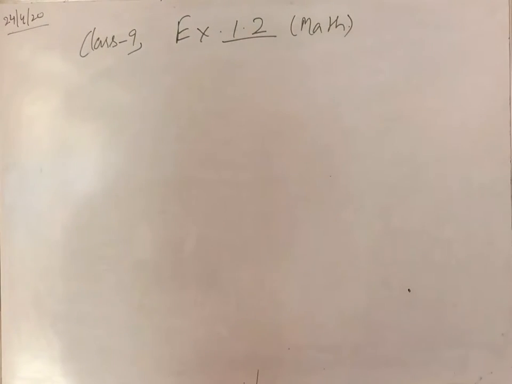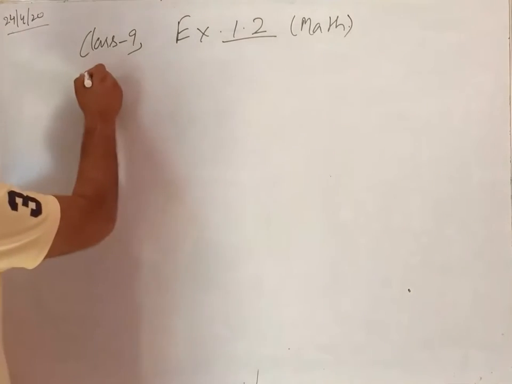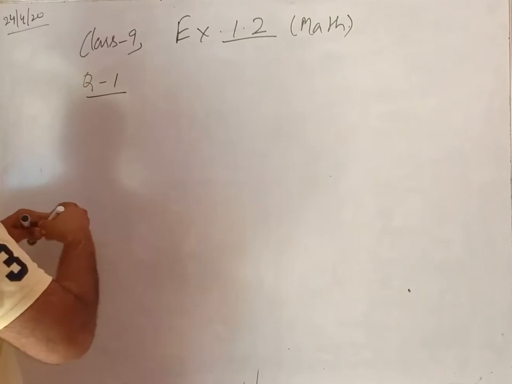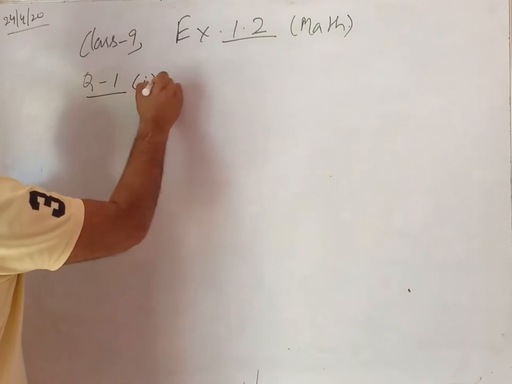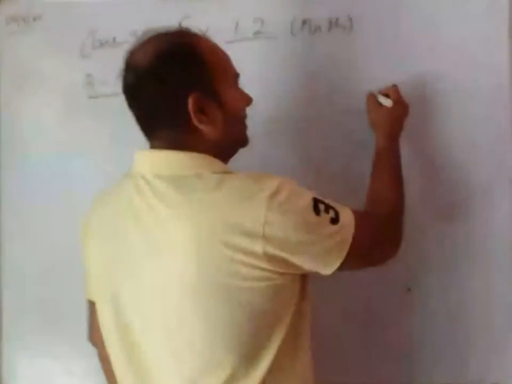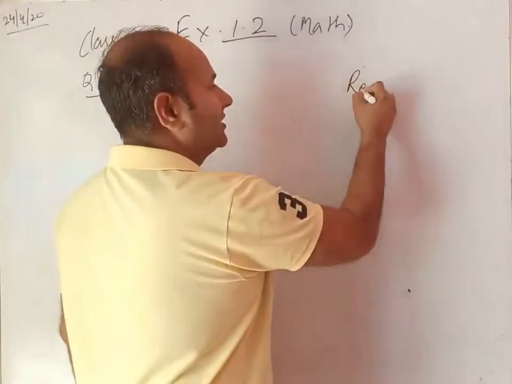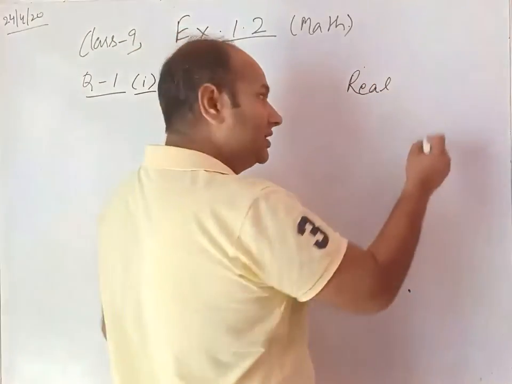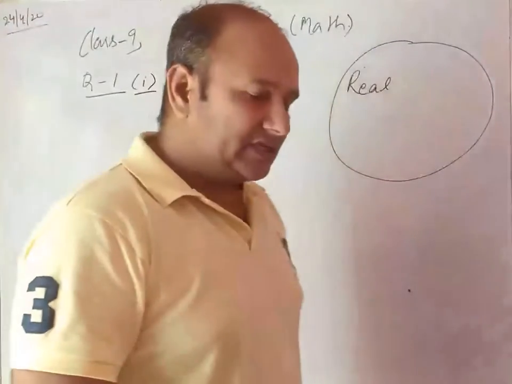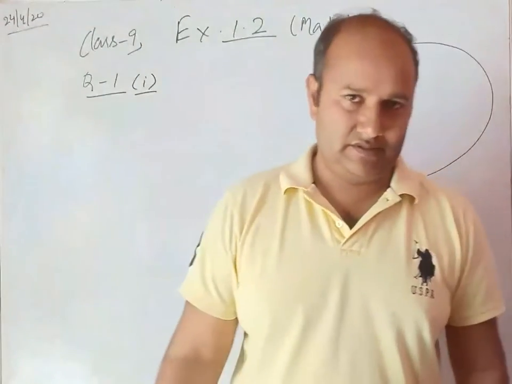Every irrational number is a real number. We have to tell whether this is true. So, first question, first part: every irrational number is a real number. We know that real numbers are the numbers that contain each and every kind of number.